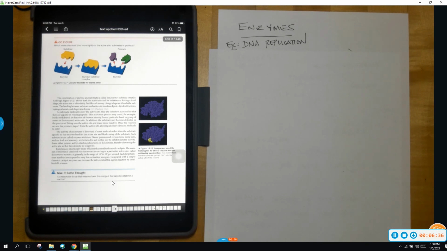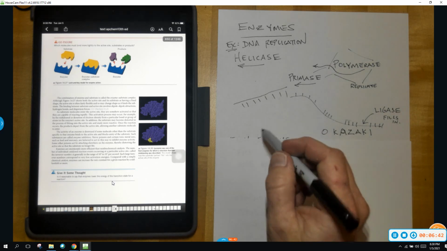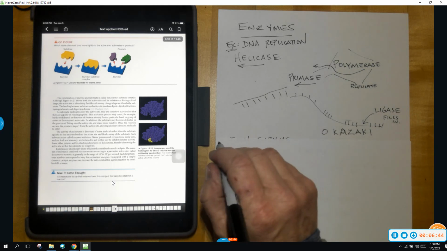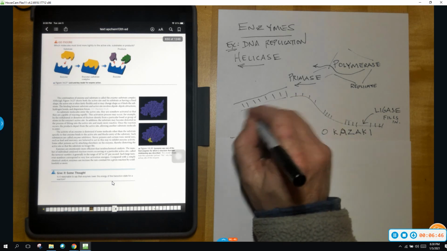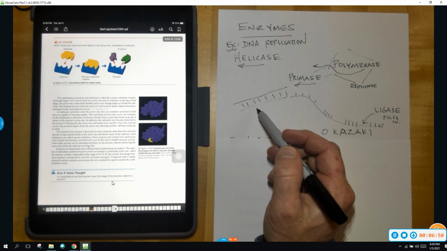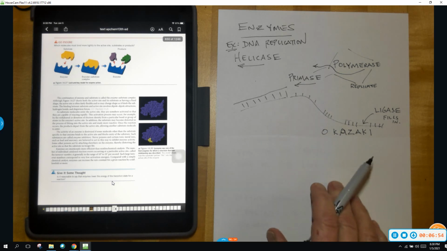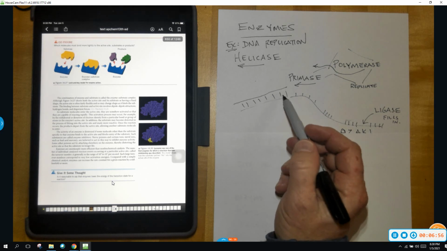So here's my very rough drawing. I'll let you draw it better if you want. So here's my double-stranded, double helix DNA with T's and A's coming across, and our little bases that join together.